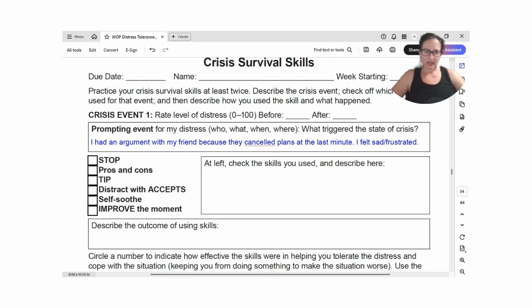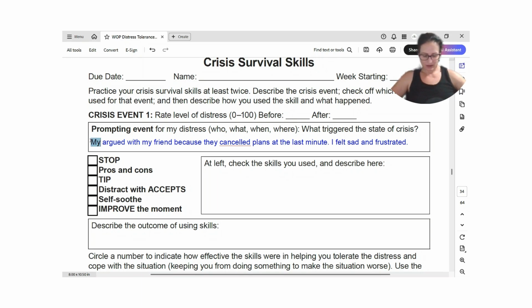Let's look at what a judgmental description might look like. So here I've written a prompting event that is not using the describe skill and is judgmental. I've written here that my friend was rude and disrespectful. And now going back to the description that's non-judgmental.